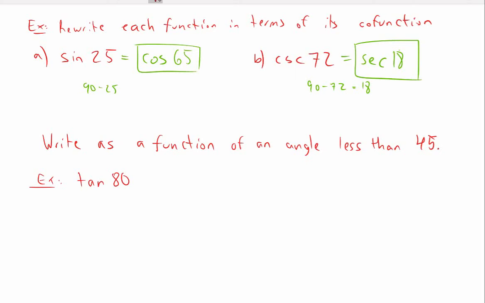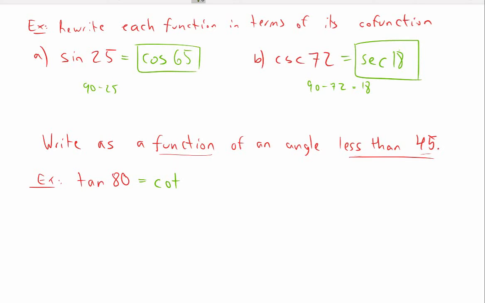Well, if I had tangent of 80, I could rewrite it in terms of its cofunction. So actually, let's read the directions here. It says write as a function of an angle less than 45. So when I see tangent of 80, I have a function, but 80, of course, is not less than 45. So I'll rewrite it in terms of its cofunction. The cofunction of tangent, of course, is cotangent.